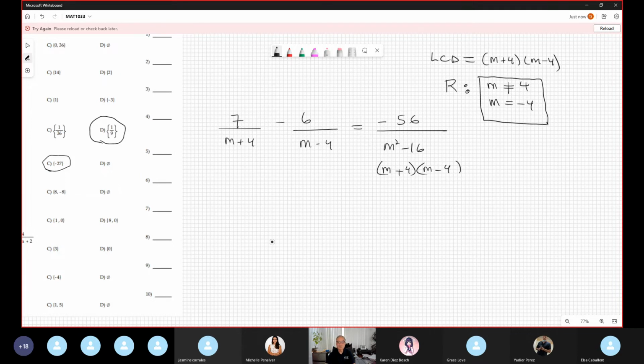You need to be aware. After that, multiply this expression one by one: N plus 4, N minus 4. Do you like this way or no? You don't like, no?